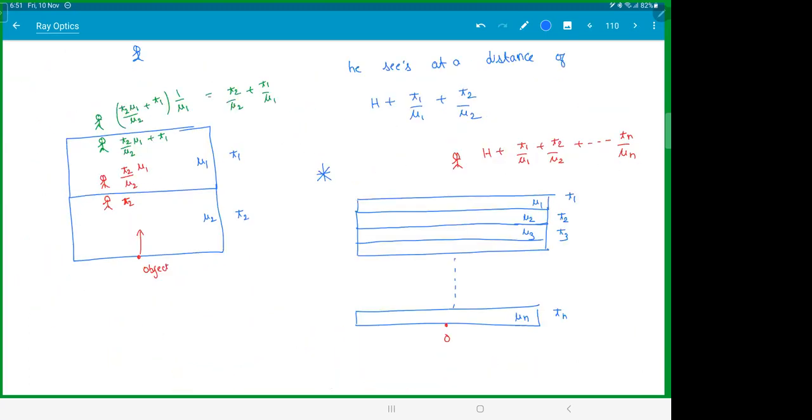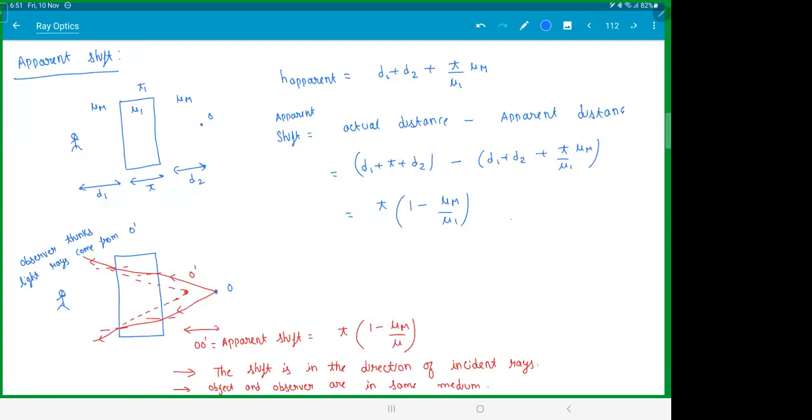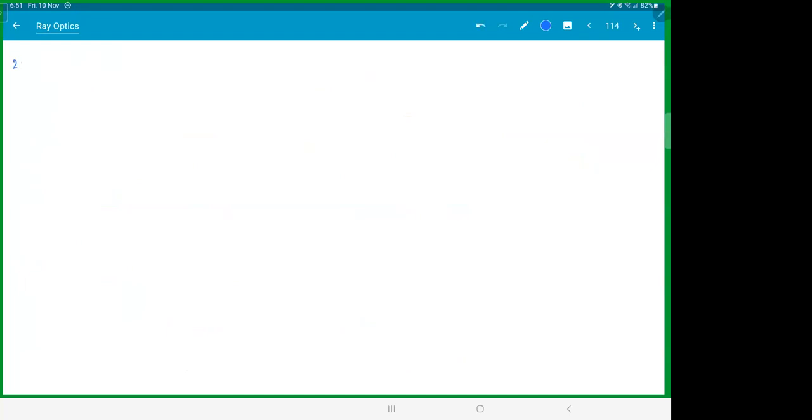Let's see a question. We have a concave mirror. R is 20 centimeters. We have a slab here, 2 centimeters wide.